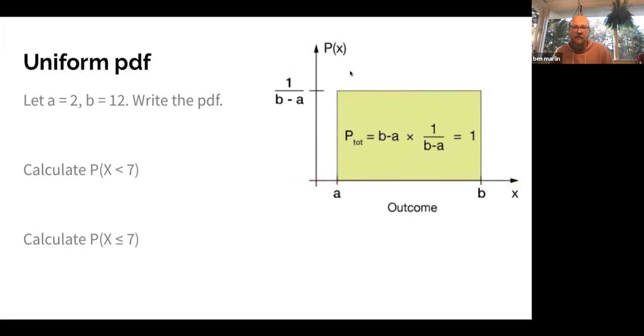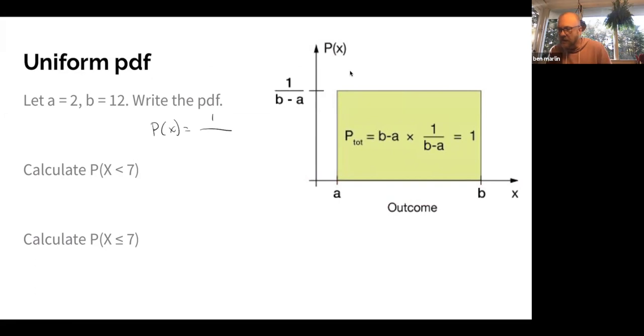And then we need to have the total area under the graph turn out to be 1. And since we need to have it only be non-zero between a and b, that means we have a rectangle that has a width of b minus a, so it has to have a height of 1 over b minus a.